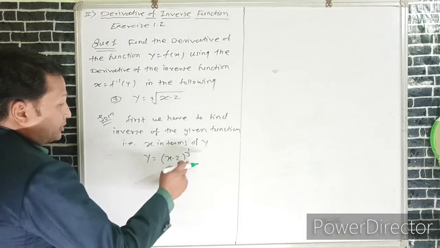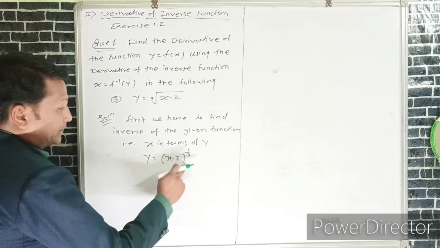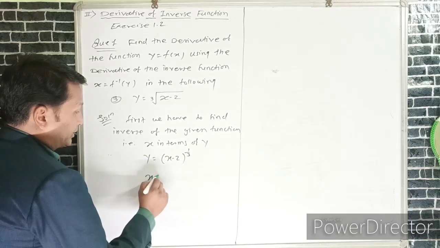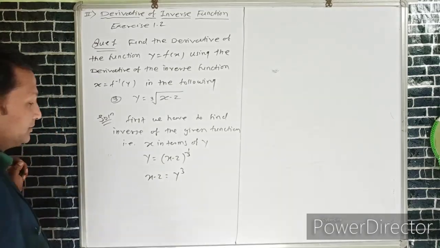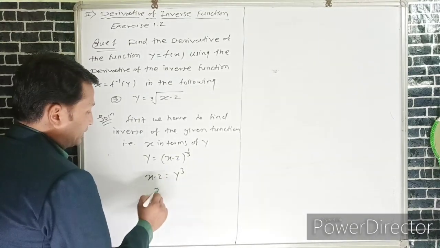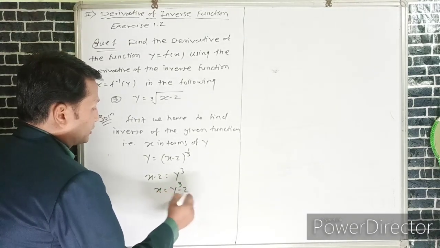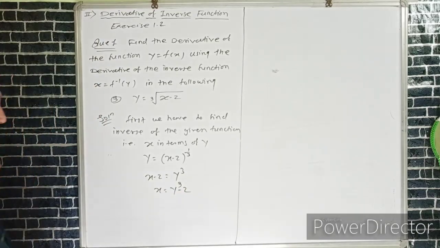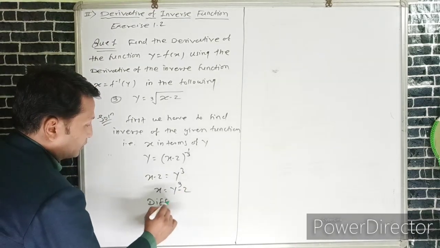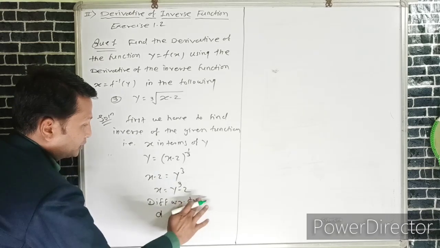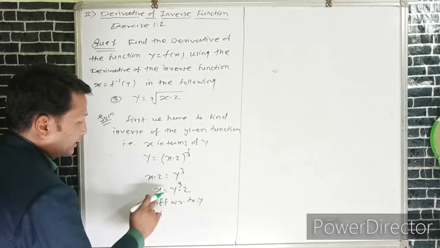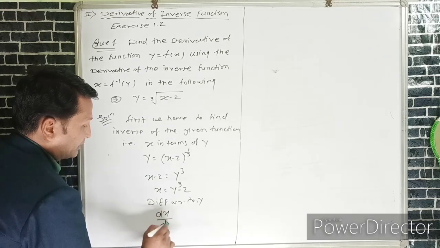If we take cube on both sides, we can write x minus 2 is equal to y cube. If we shift this minus 2 to the right side, then we can write x is equal to y cube minus 2. If we differentiate the given function with respect to y, then we can write the derivative of x, dx upon dy.